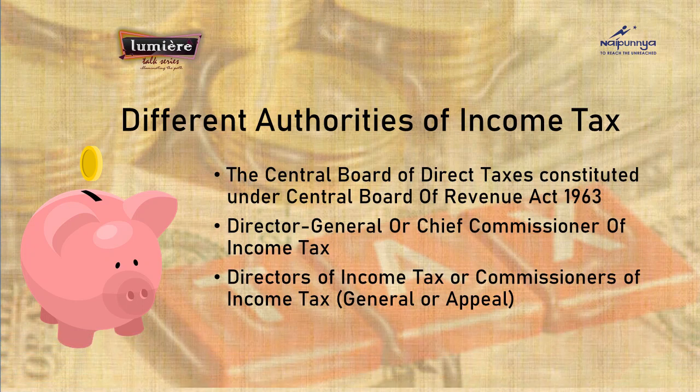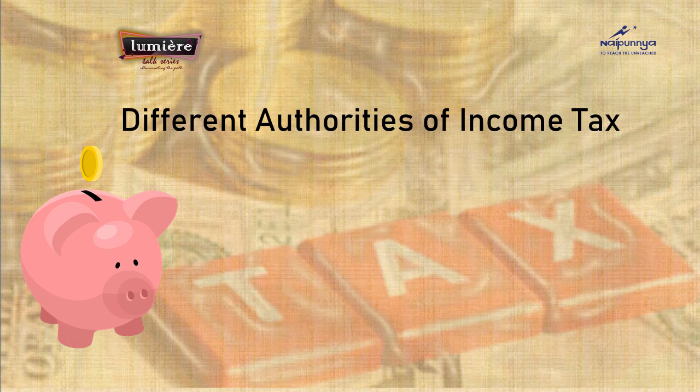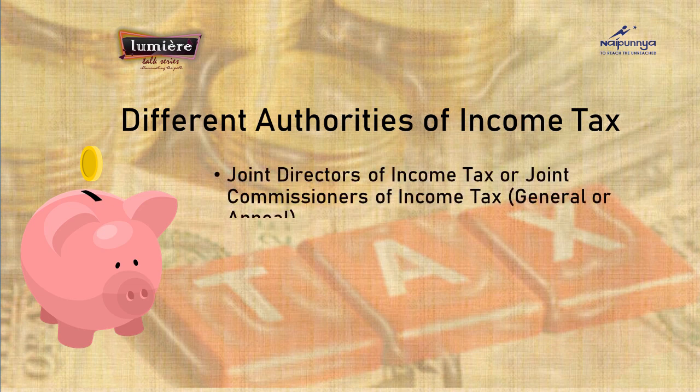Here you can see two categories of officials: one for dealing with general affairs of income tax and the other for dealing with appeal related activities. In the same way, the next level authority is Joint Directors of Income Tax or Joint Commissioners of Income Tax. Here also two subdivisions are there, for dealing with general affairs and for dealing with appeals.